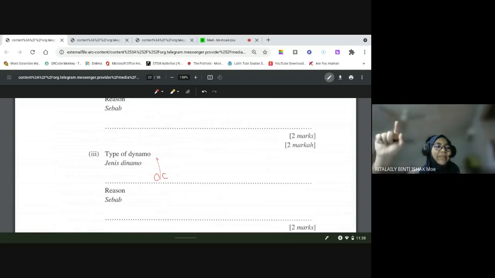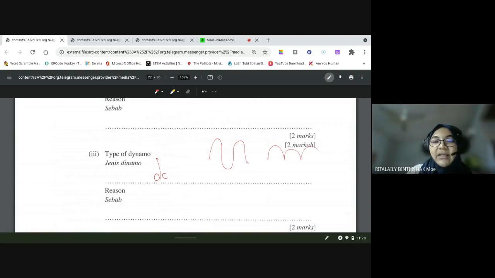Do you see? So which one is much better, DC or AC? One produces like this, the other like this. Which one do you think is better?